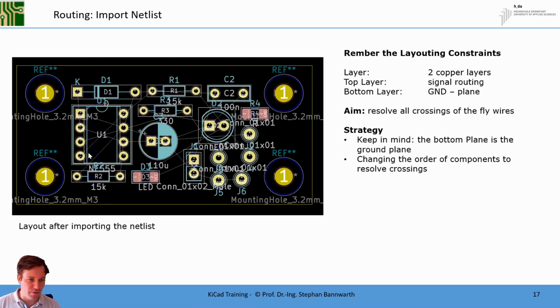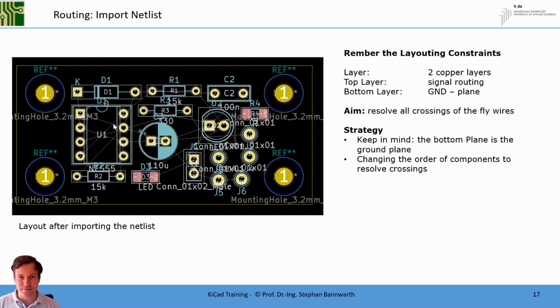If you, for example, follow this flywire from pin number 4 VCC up to pin number 8 VCC, we see this flywire is going to cross this flywire 1, this flywire 2, and this flywire 3. So this flywire from 4 to 8 crosses 3 other flywires, and in a two-dimensional problem, this means these flywires or the tracks later hit each other, so we will create a short.